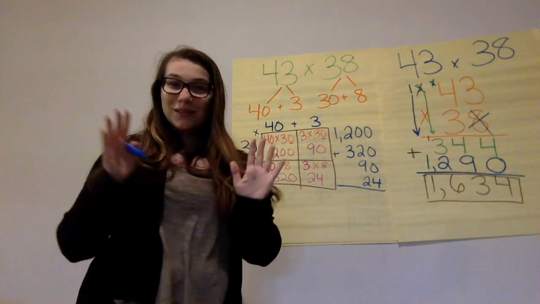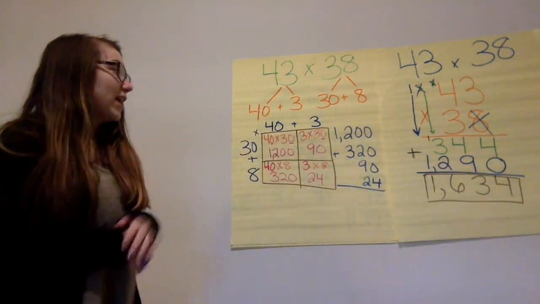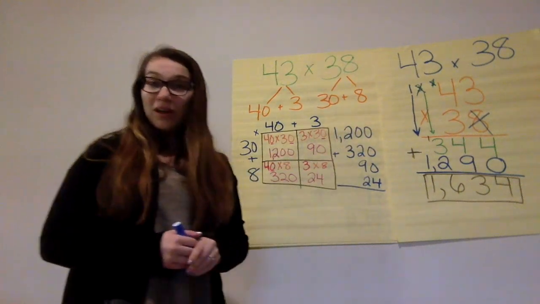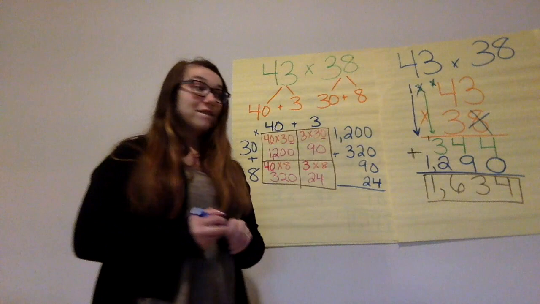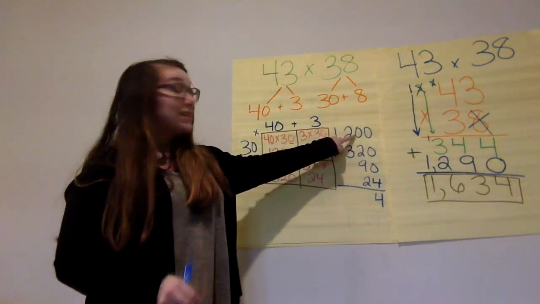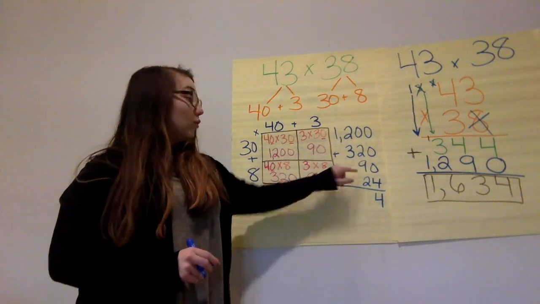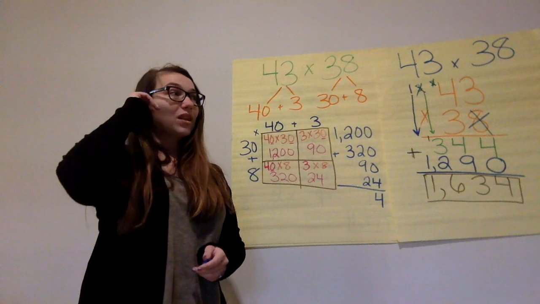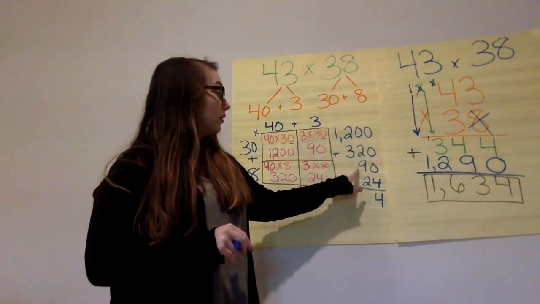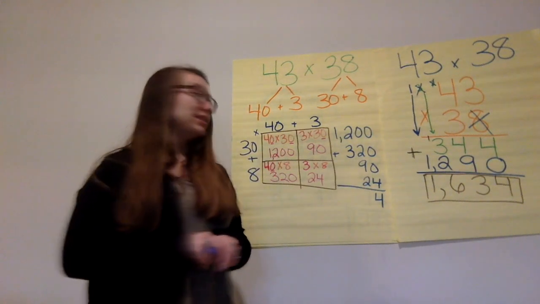So last step to add, we'll start in our ones place and work our way over. So 0 ones plus 0 ones plus 0 ones plus 4 ones gives us 4 ones. 0 tens plus 2 tens, that gives us 2. Ooh, plus 9. 2 plus 9 is 11. Plus 2 more. 11 plus 2 is 13.